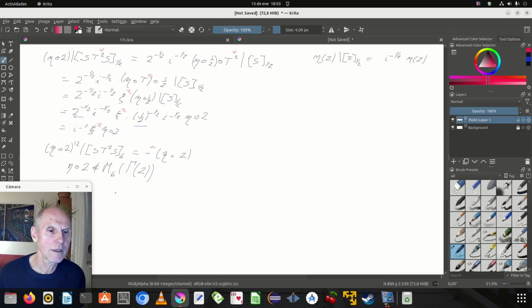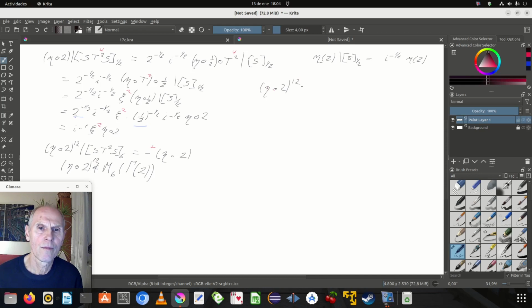So that means that it is actually, that was to the 12th, but it actually lies in M6 of gamma naught of 4. And as I already mentioned, it's a cusp form.